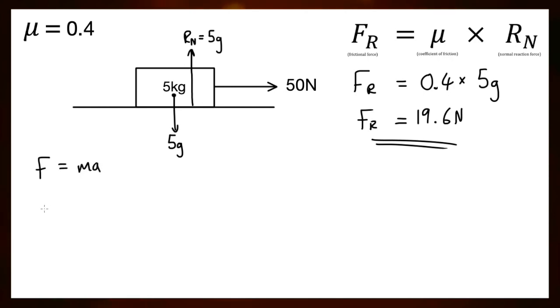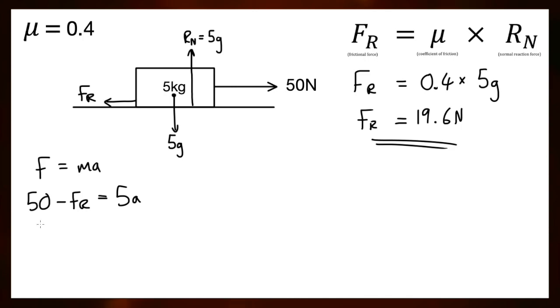So to work out the resultant force, I'm going to do 50 minus Fr. Fr is going to act in the opposite direction to the motion. This is because friction is a passive force. It doesn't act on its own, it just works against other forces. So 50 newtons is this way, therefore the friction goes left. So I have 50 minus my frictional force, and that equals 5 times a.